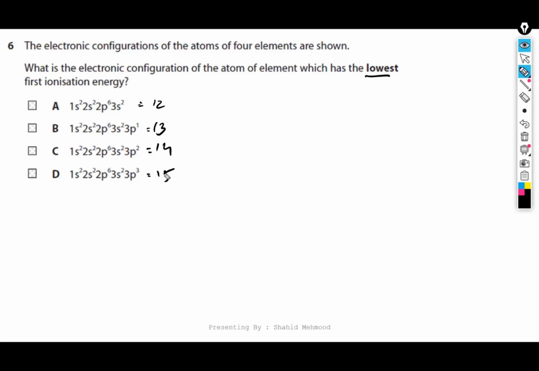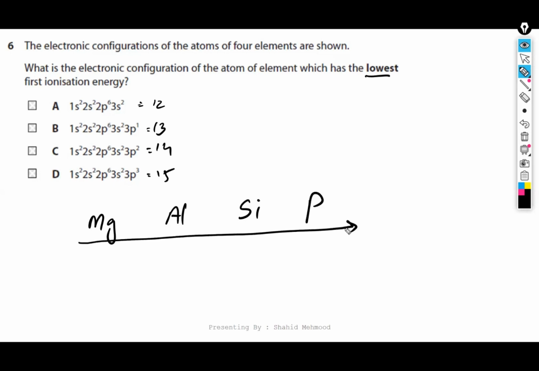Now let's come to the periodic table. These are the atomic numbers, for magnesium, then aluminum, then silicon, and then phosphorus. Now see here, they are in a series. Across the period, ionization energy is increasing, but there is a deviation over here.